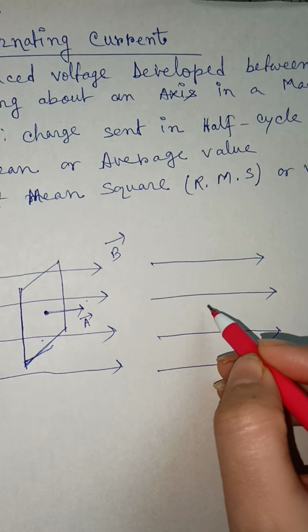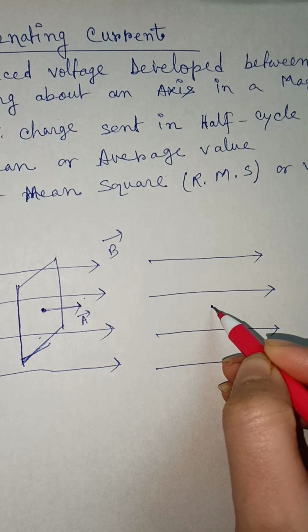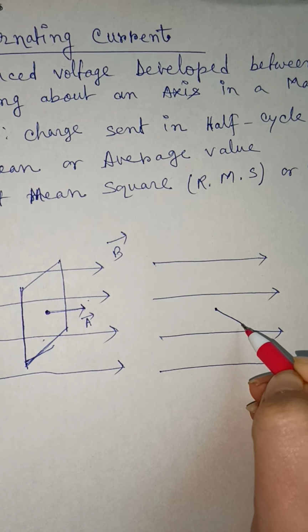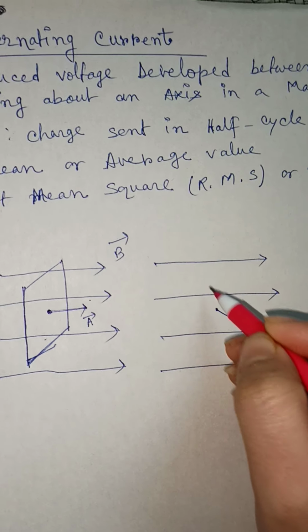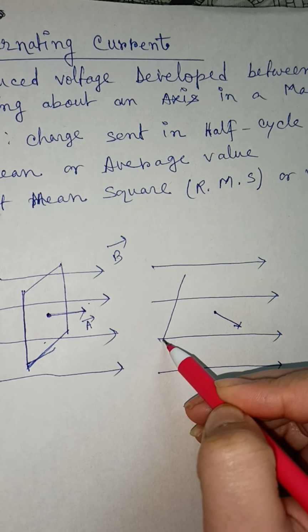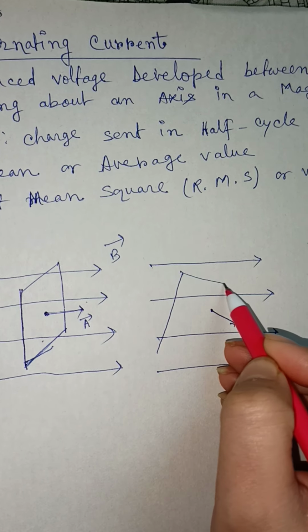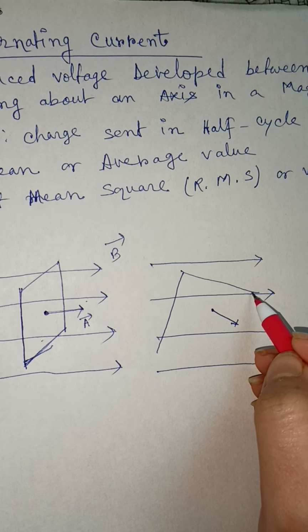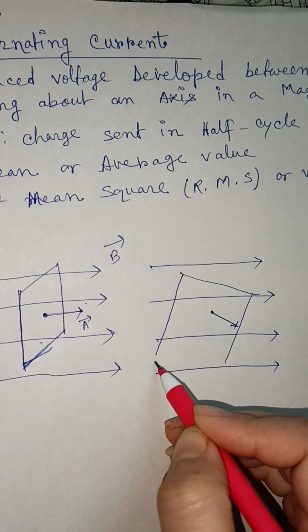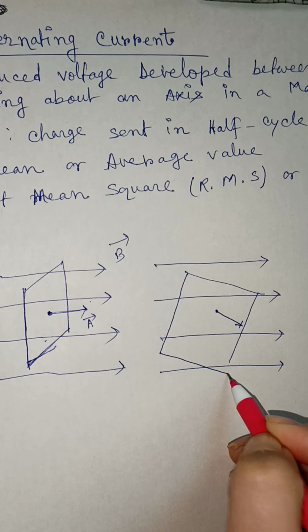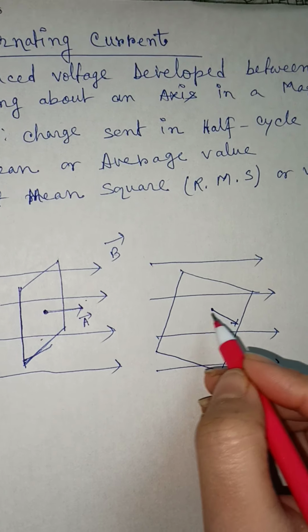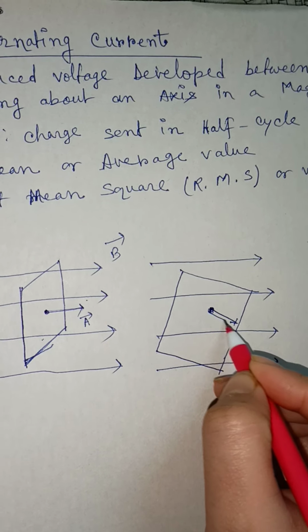That means the loop makes theta angle with the magnetic field. This is the position of the loop after time t.